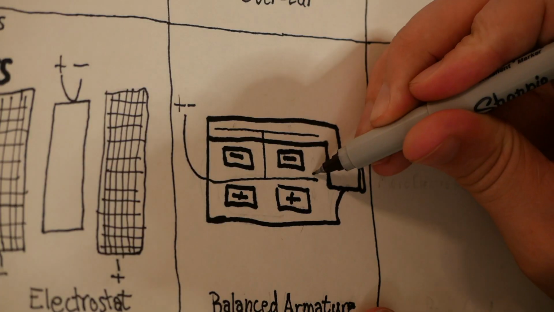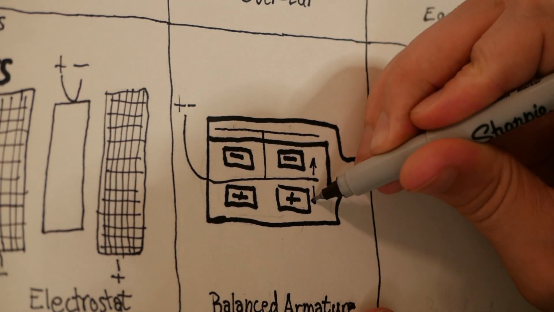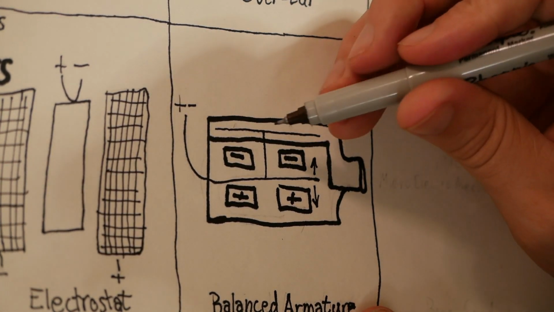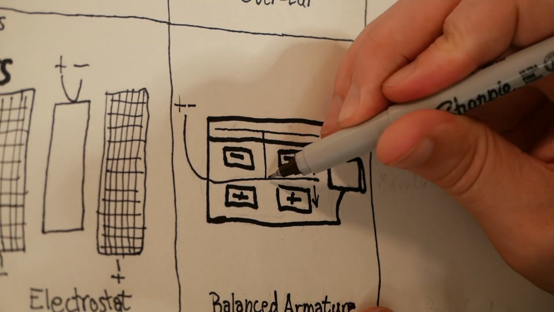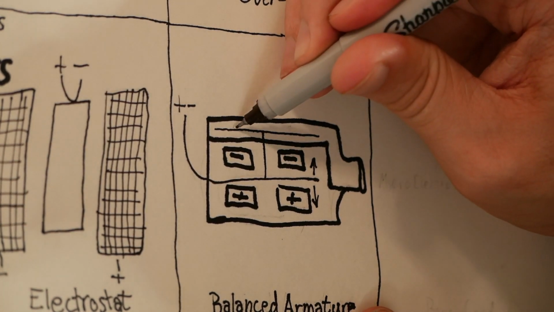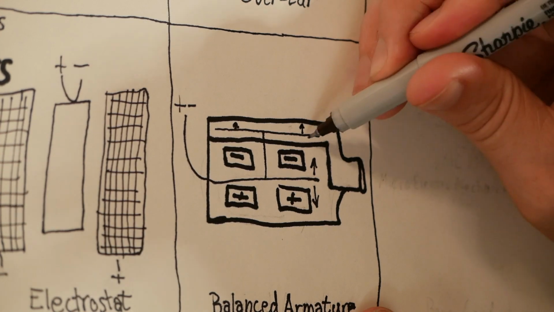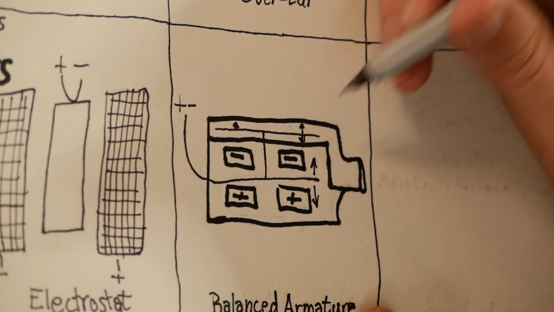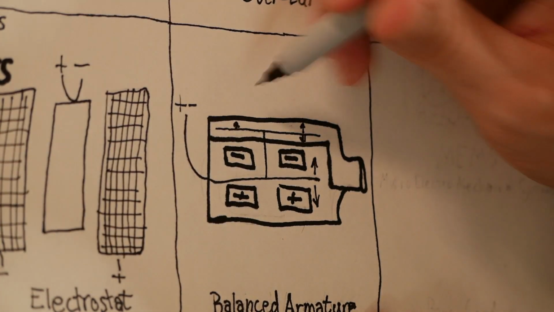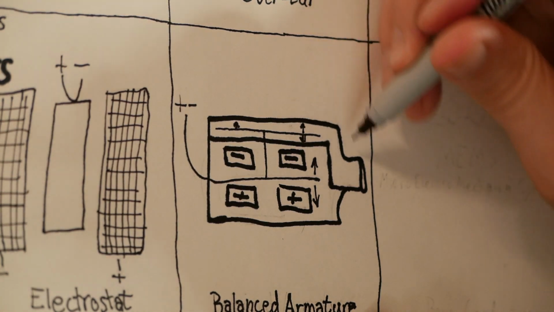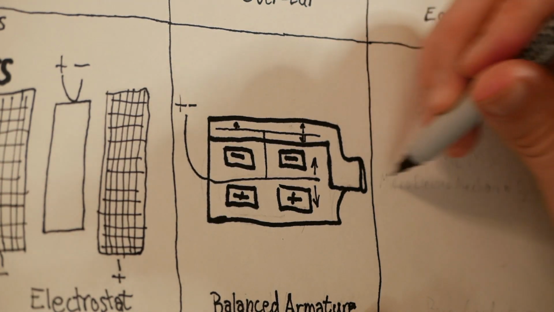Now this thin line I'm drawing represents the armature, and it is attached at one point, but it is allowed to freely move up and down. So this can move up or down, and when it does, it moves this central plate up here, and then this big fat plate can move up or down, moving air inside of this tunnel, which is then pushed out as waves through the nozzle.